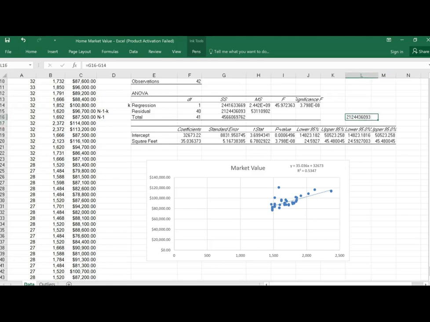Notice, what was left over when I took my total minus my regression was my residual. Or alternatively, my regression plus my residual is equal to my total, right? My total is equal to my regression plus my residual. I'm going to go back to that picture and try to talk about where those values come from.